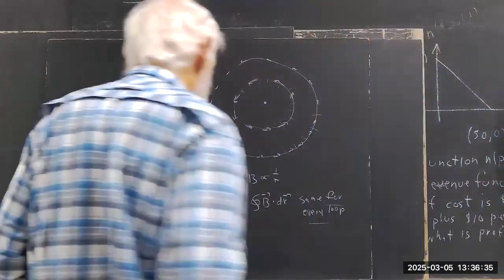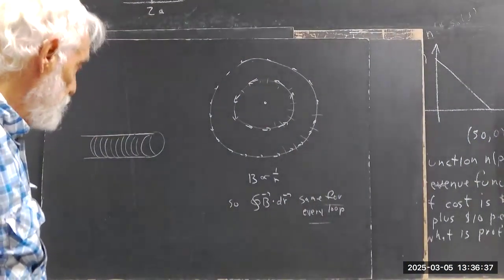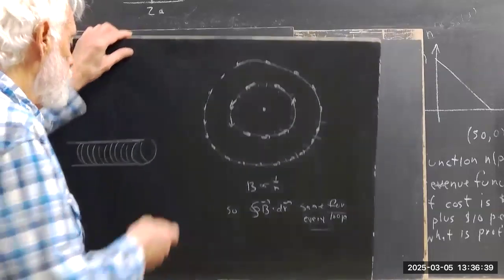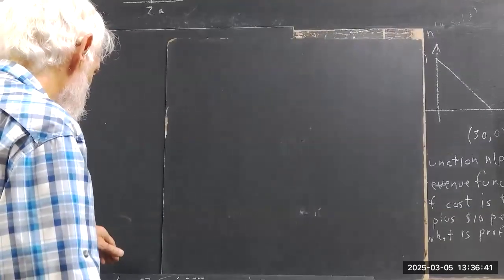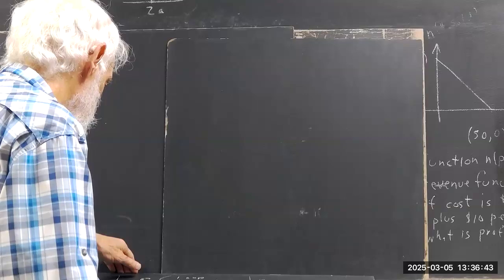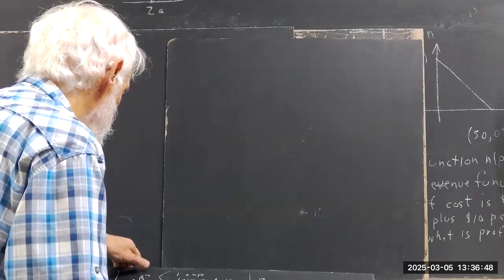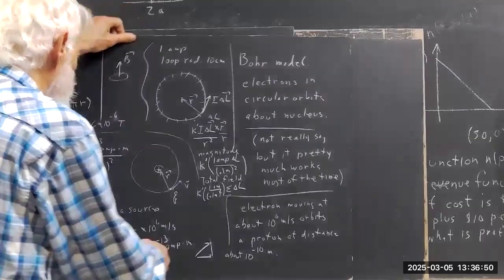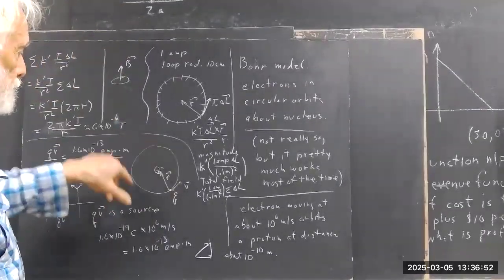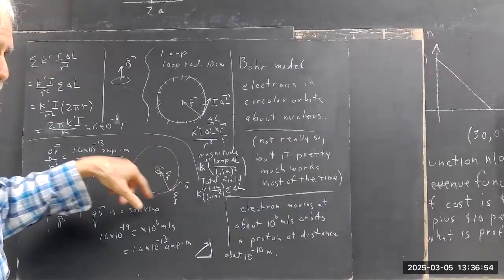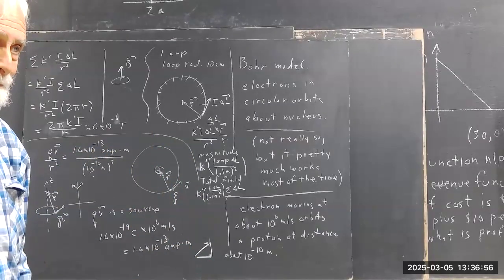If those loops are all in the same plane, then the situation is just like this. It's just that you've got a bunch of loops that more or less coincide.